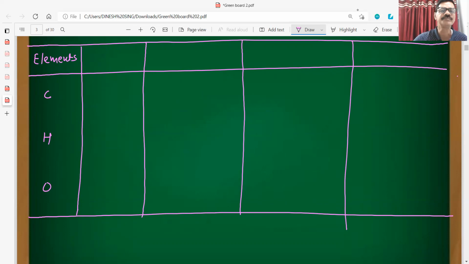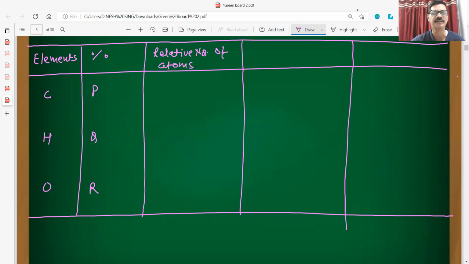Here we have their percentage, suppose P, Q, R, and here we can take the ratio of atoms, or relative number of atoms, or simple ratio.